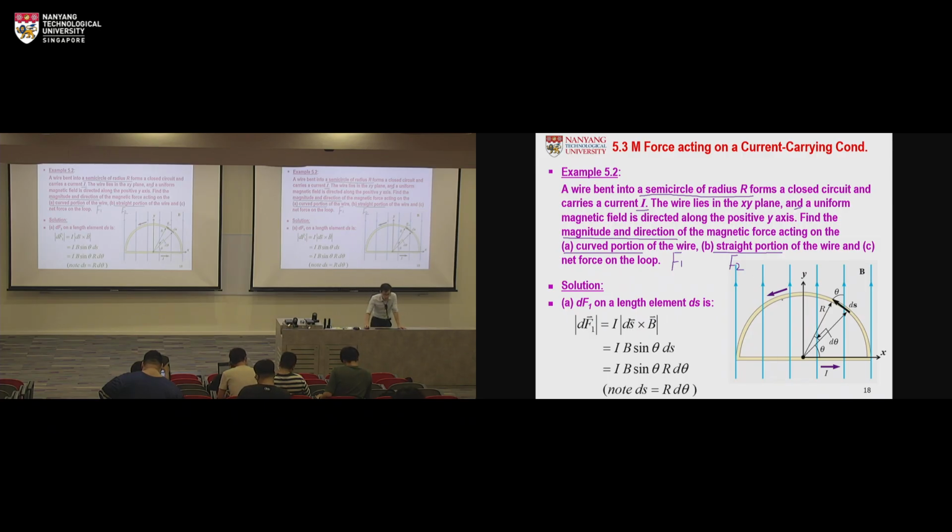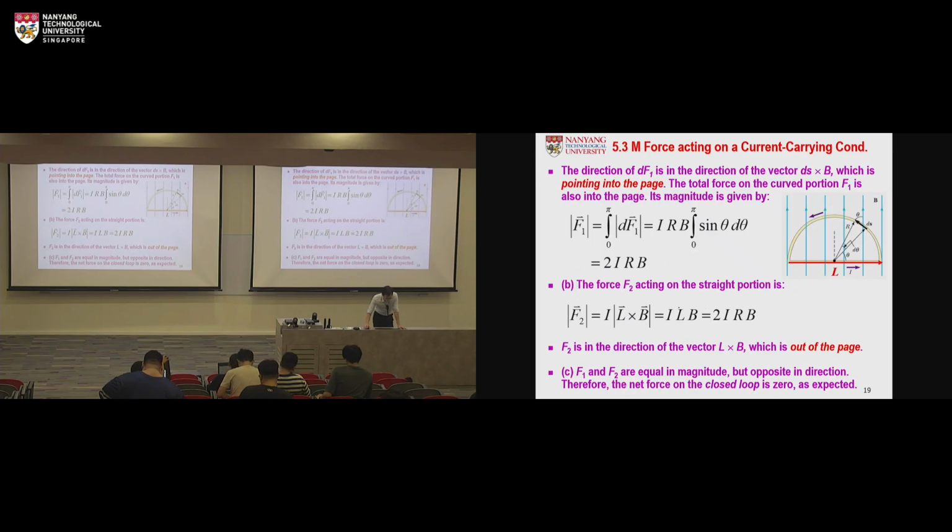And you can do it on this straight wire first. For this straight wire portion, I, L, B are all uniform, right? So you can use the formula directly to figure out this one.